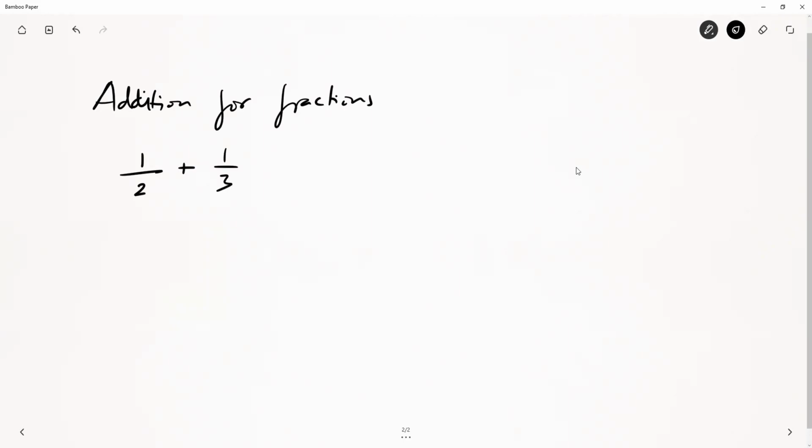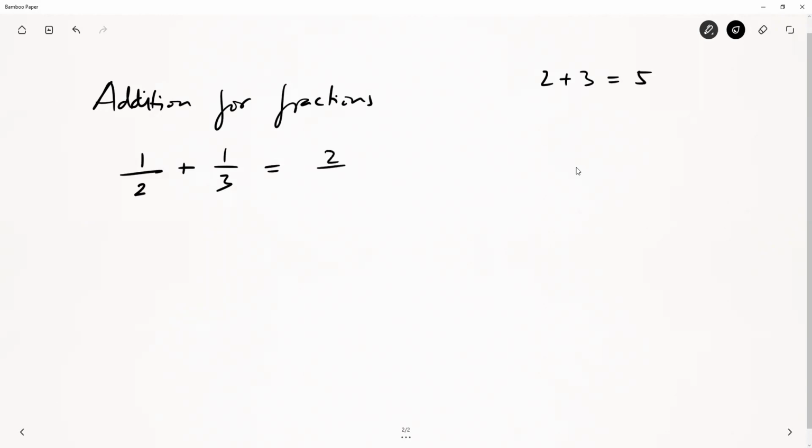Well, what will happen is, normally when they just learn the idea of addition, and they have learned about integers, for example 2 plus 3, they just simply add them and get 5. Probably with this one they will answer the same: they will just add the numerators and the denominators.